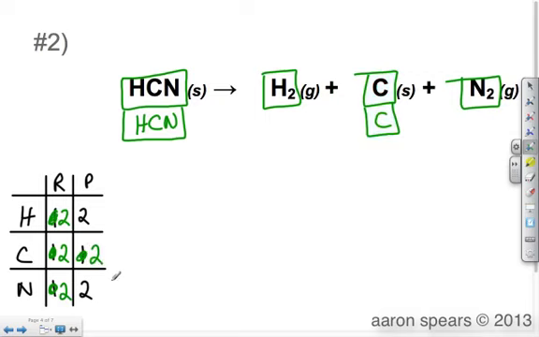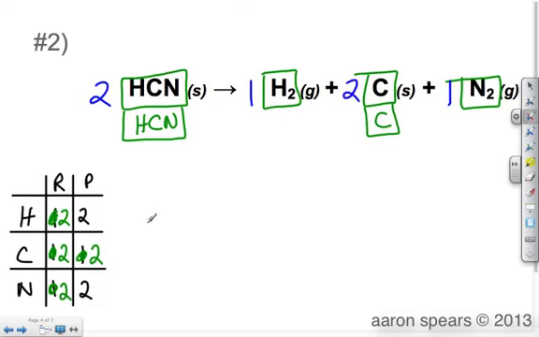Looking over my list, I can see I have the same number of hydrogen, carbon, and nitrogen atoms on both the reactant and product side. So to get my coefficients, I'm going to add up my boxes. I have 2 hydrocyanic acid molecules, I have 1 hydrogen molecule, 2 carbon atoms, and 1 nitrogen molecule.